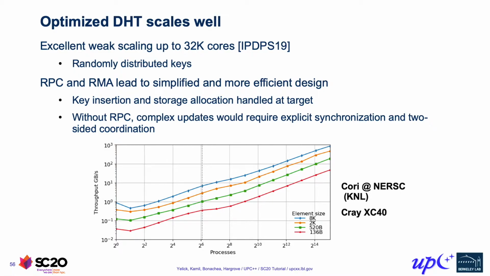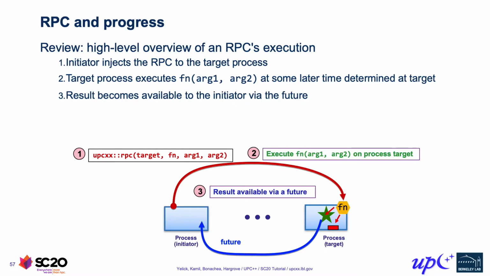Moving forward, what we'll talk about for the rest of this portion of the tutorial is some more advanced UPC++ features, as well as some details about how some of the things work under the hood. So we've already talked about remote procedure call. A reminder, the high-level overview is that the initiator injects the RPC, and a reference to the function as well as the argument values get packaged up together and sent over to the remote side.